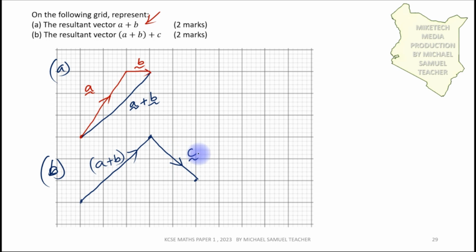Therefore, to get the resultant vector, it will be from this point to this point, which is the A plus B vector, then plus C vector. Hope that is clear. So that's how we are supposed to answer that question. We get the resultant vector in that manner.